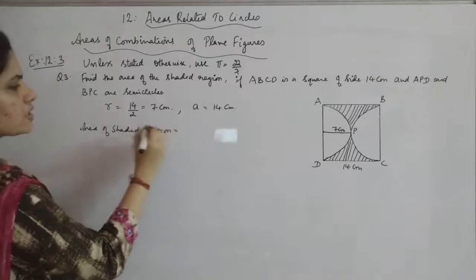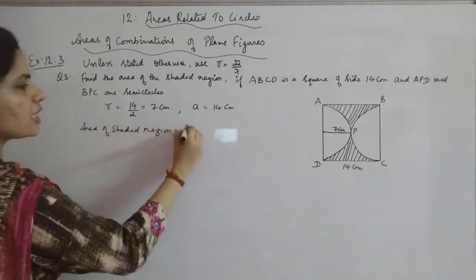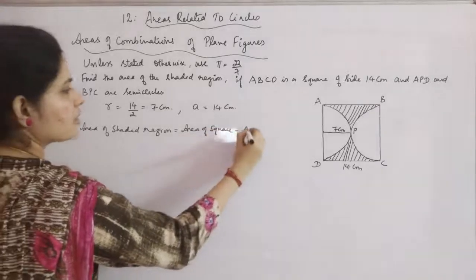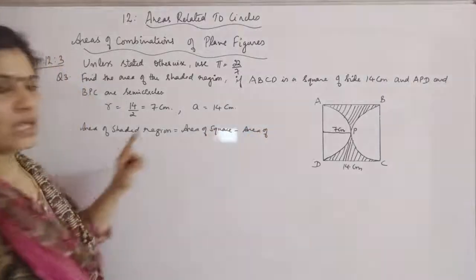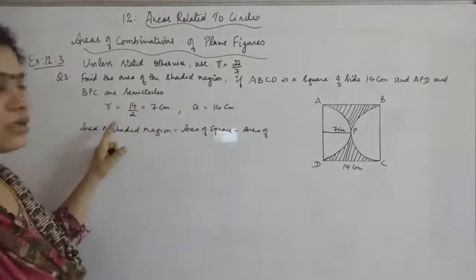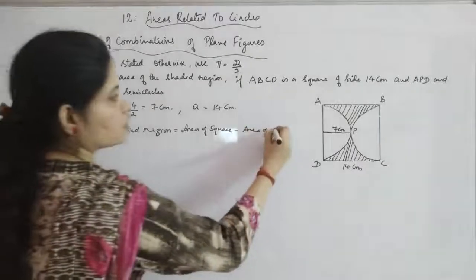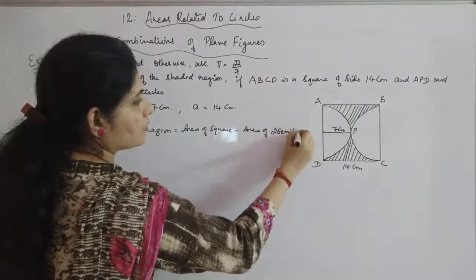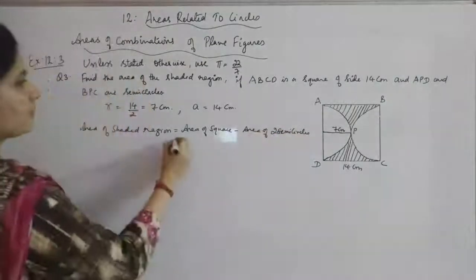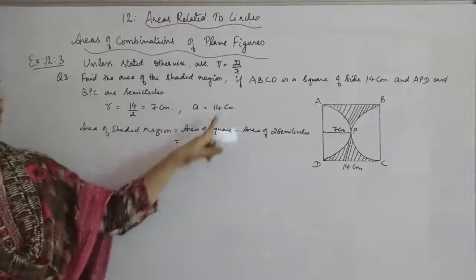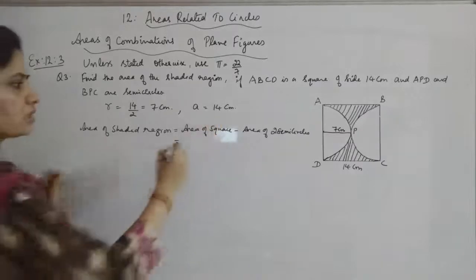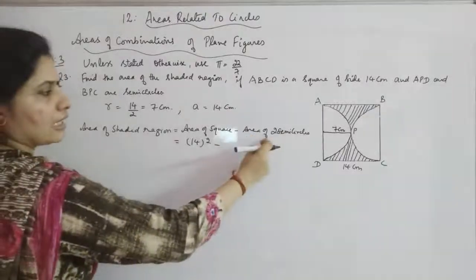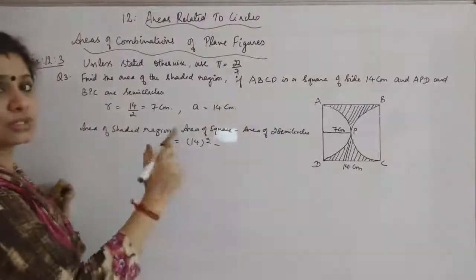Area of shaded region is equal to area of square minus area of two semicircles, or you can say one circle. Now what is area of a square if the side is 14 centimeter? 14 square. So here you are getting 14 square minus area of two semicircles.